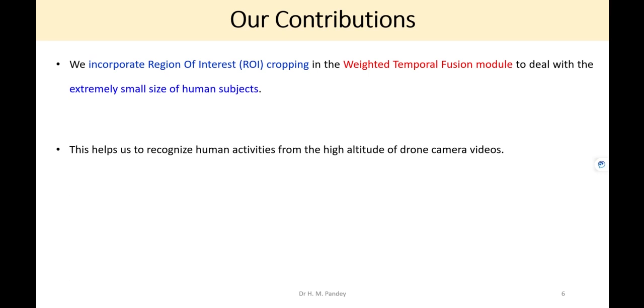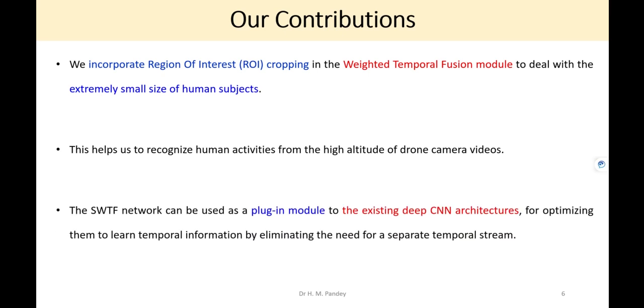It helps us to recognize human activity from high-altitude drone camera video, because the drone is capturing video from the top, so there will be high altitude, and then ROI will help us in managing such videos. And this SWTF module can be used as a plugin module for existing deep CNN architectures for the optimization of the final outcome.